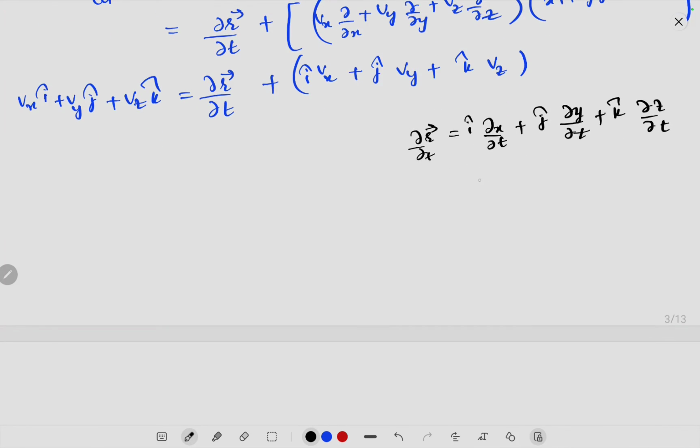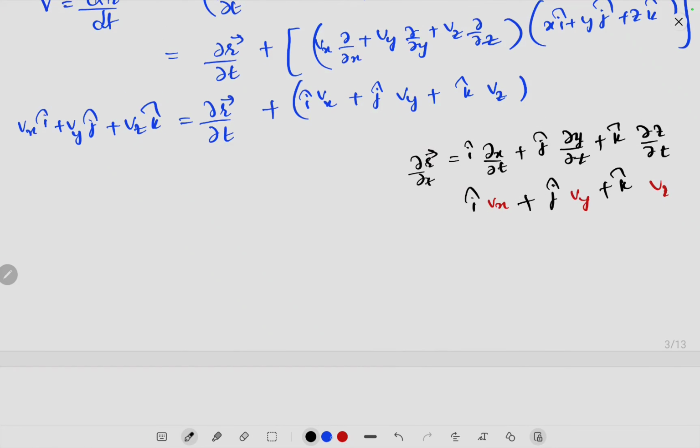And if I write this del x by del t as vx, this as vy, this as vz, what will I get? I will get vx equal to 0, vy equal to 0, and vz equal to 0, right? So is it correct?